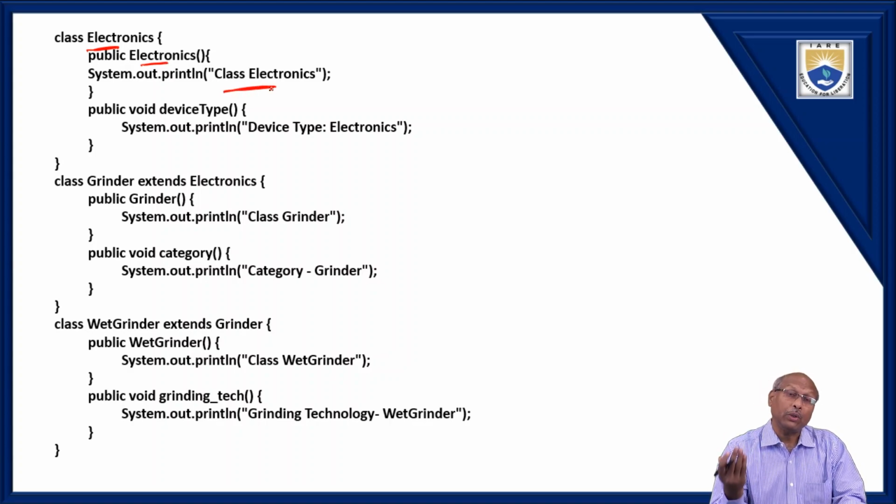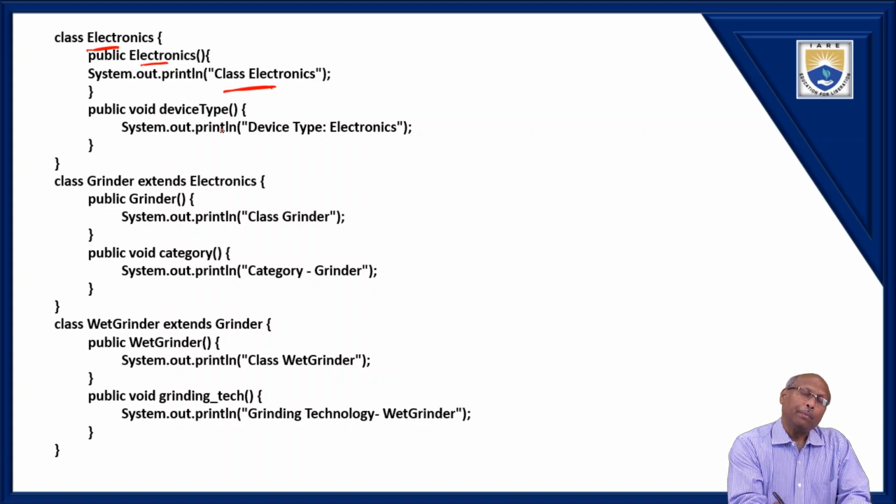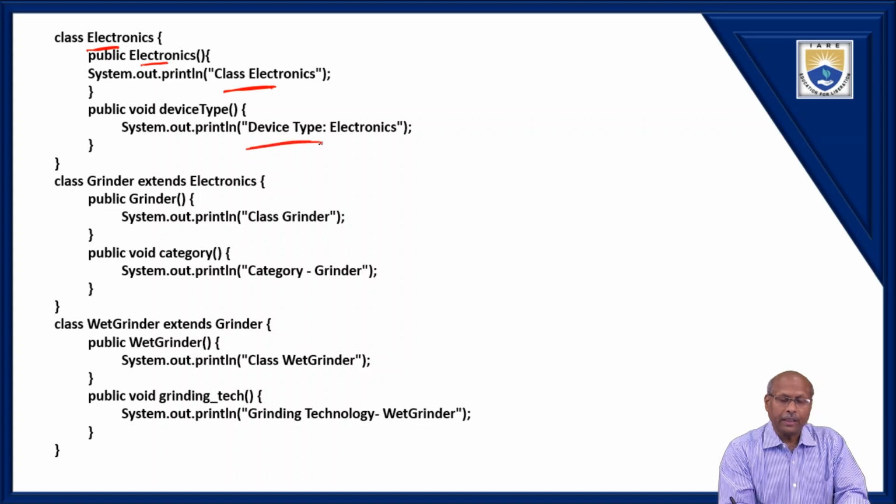That means whenever I create an object of the parent, immediately this particular method will be displayed. Now, there is one more special method called device type. Whenever I call this method, it will say the device type is electronics. This method will display what type of device it is, whether an electronic device, electrical device or mechanical device. So some sort of message. Here I want to display it is an electronic device.